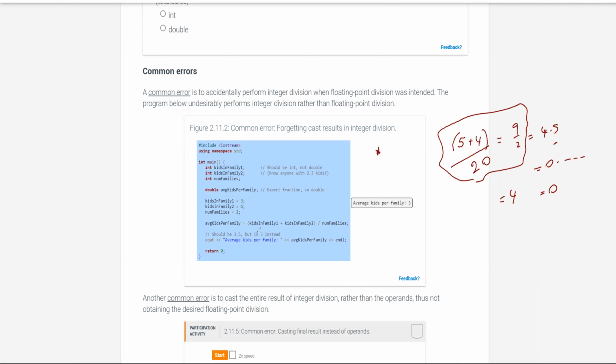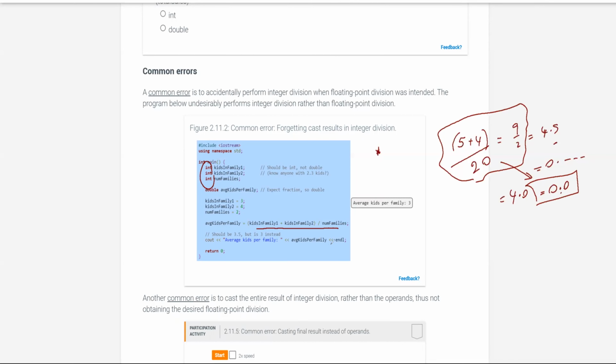Keep in mind, if you have these values, because these are all integers here, you will get integer output, right? Even the integer output will look like this, obviously. But in this case, it will give you this.